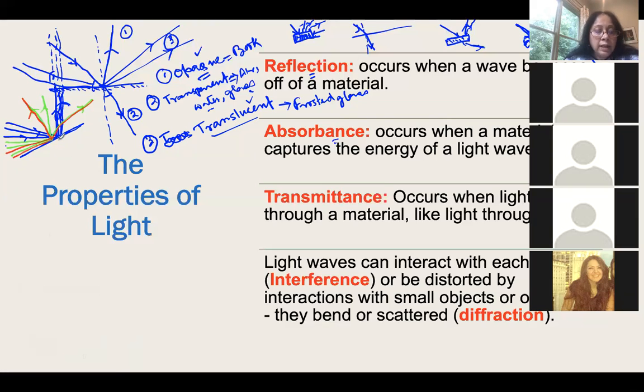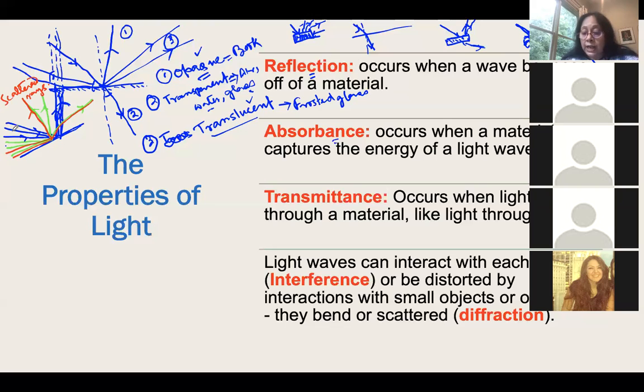So when light is scattered, sometimes the rays fall into each other's path, they merge, and they can interact with each other.